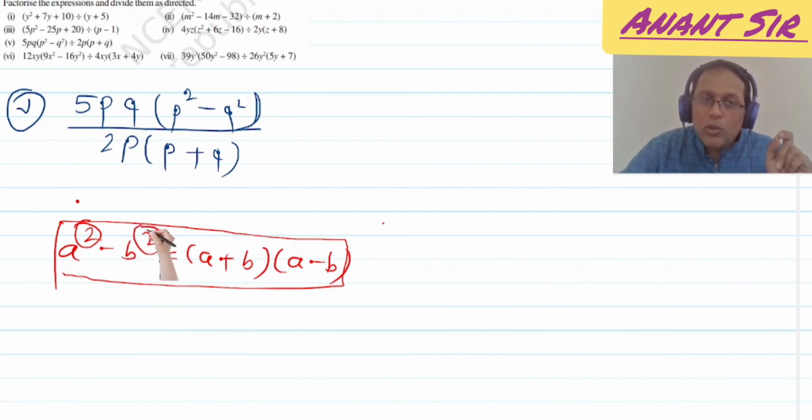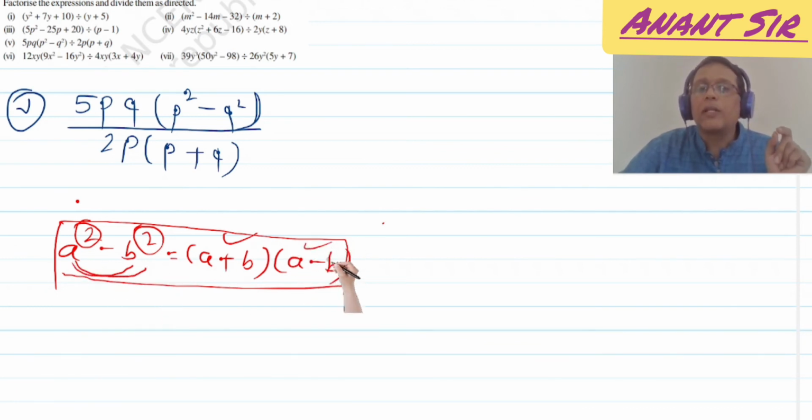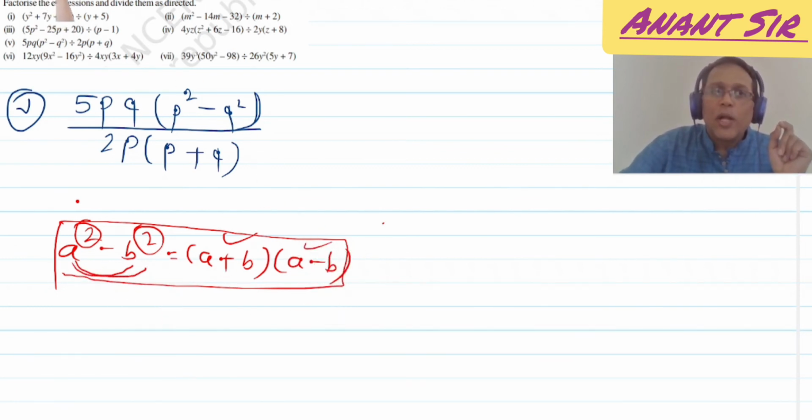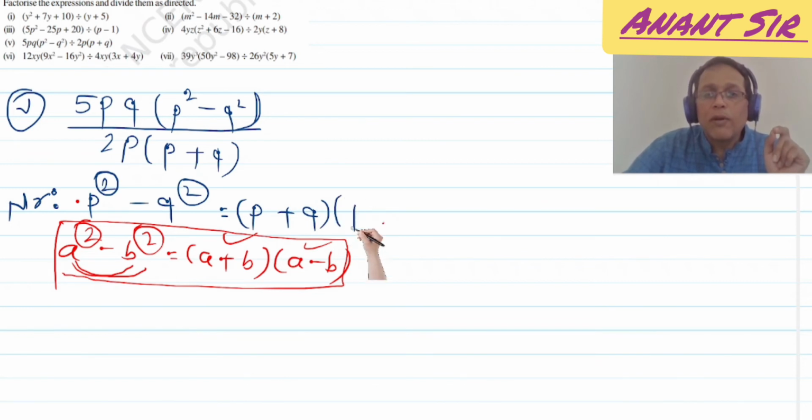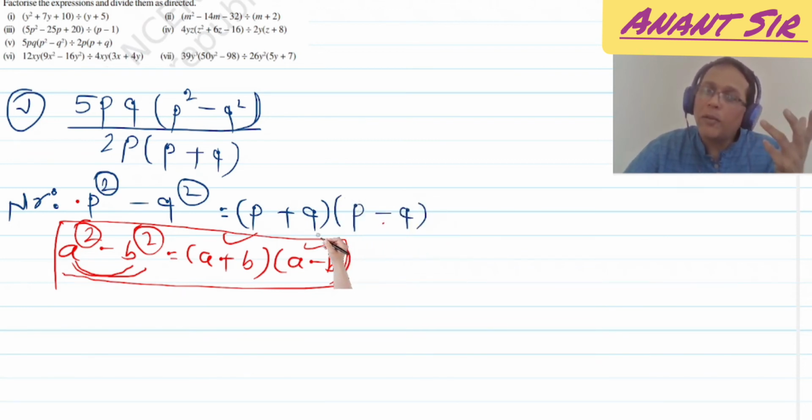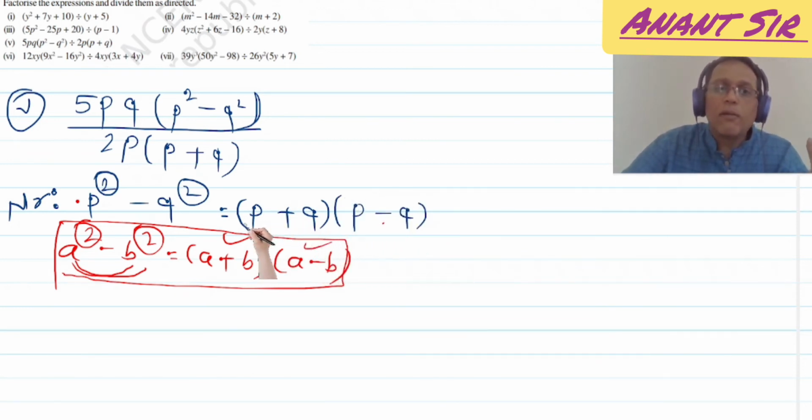You add these two terms in one bracket and subtract in the other bracket. So if it was p square minus q square in the numerator, then as there are two squares and negative in between them, you can write it as p plus q in one bracket and p minus q in another bracket. That's it. Now put the values.